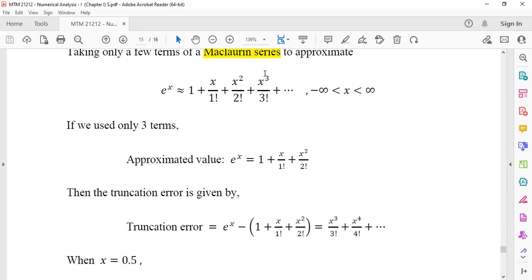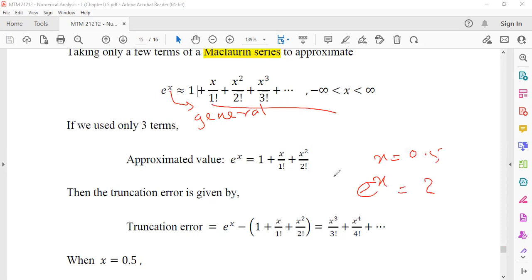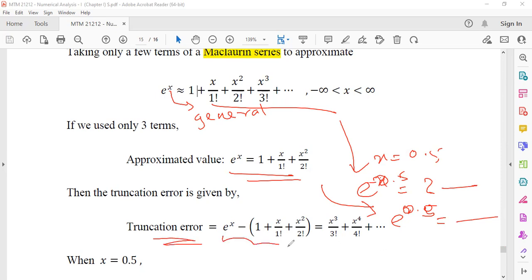What you have to do is, this is for general x, the general form. So if x equals 0.5, what is e to the power x? You just substitute here, and use three terms. What is e to the power 0.5? What is the full form? What is the truncated form? Then what is the truncation error? Can you write it?